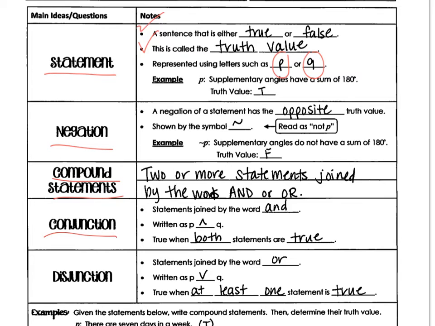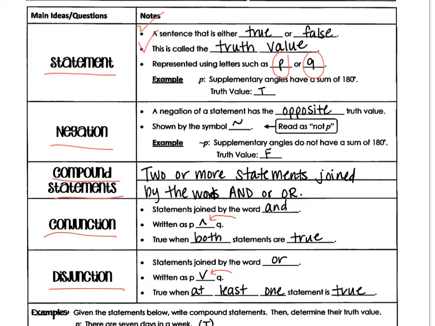A conjunction is a statement joined by the word and, and we use this symbol here to denote a conjunction compound statement. And this is true when both statements are true. A disjunction is a statement joined by the word or, written with this symbol here. And it's true when at least one statement is true.